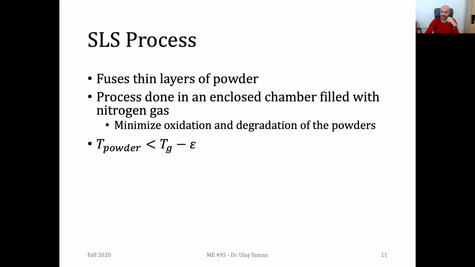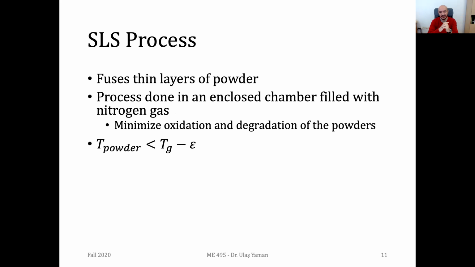Another thing is that for some melting processes, or in much newer products, we have a chamber which is usually filled with nitrogen, and with the help of it, we try to decrease the oxidation and degradation of the powders, so we can increase the amount of recycled powders.